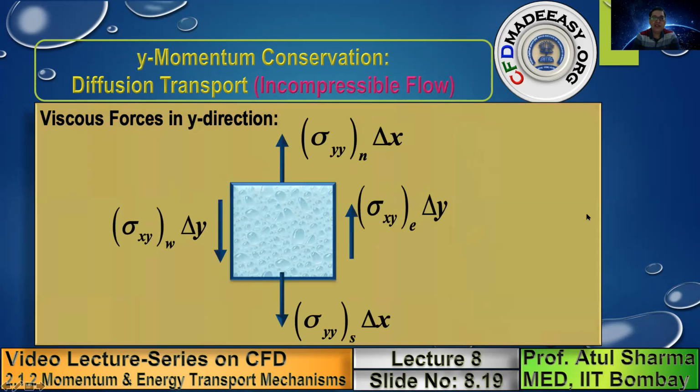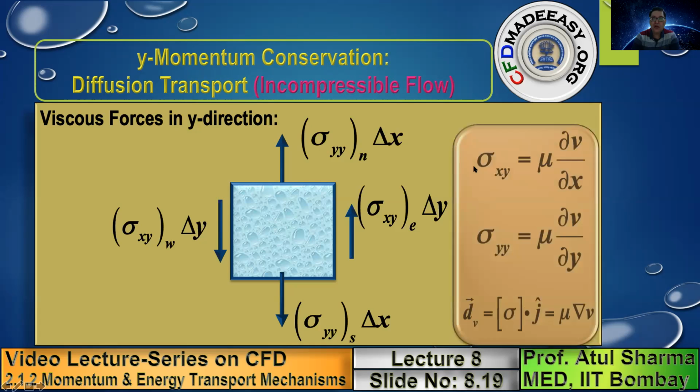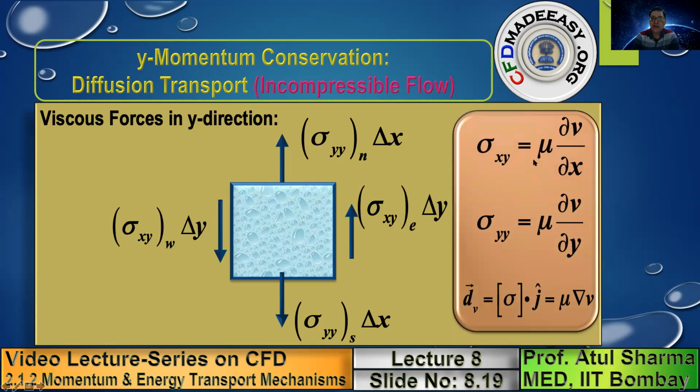Similarly, if you consider viscous forces in the y direction for an incompressible flow, sigma xy has mu del v by del x plus mu del u by del y, and sigma yy is equal to 2 mu del v by del y for a general case. But for incompressible flow, this also gets simplified.